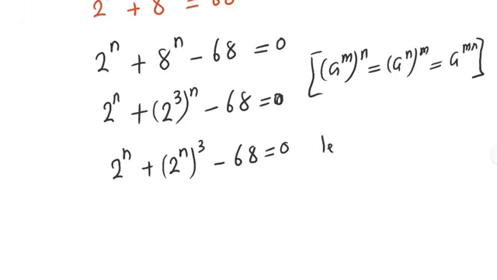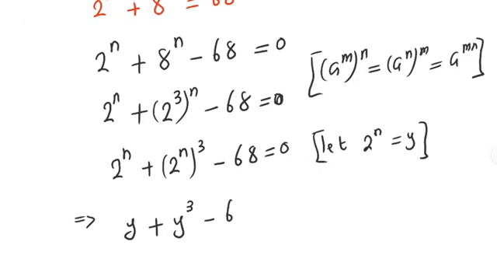Let 2 raised to power n be equal to y. Then this is y plus y raised to power 3 minus 68 is equal to 0.